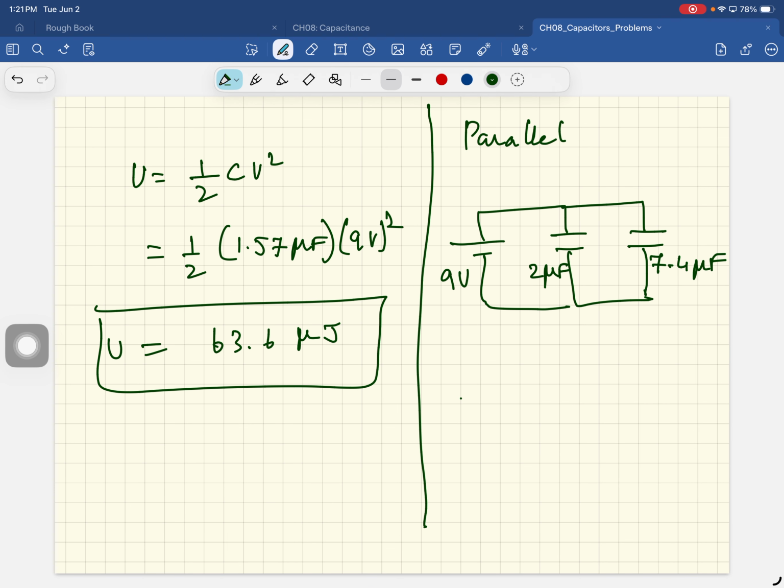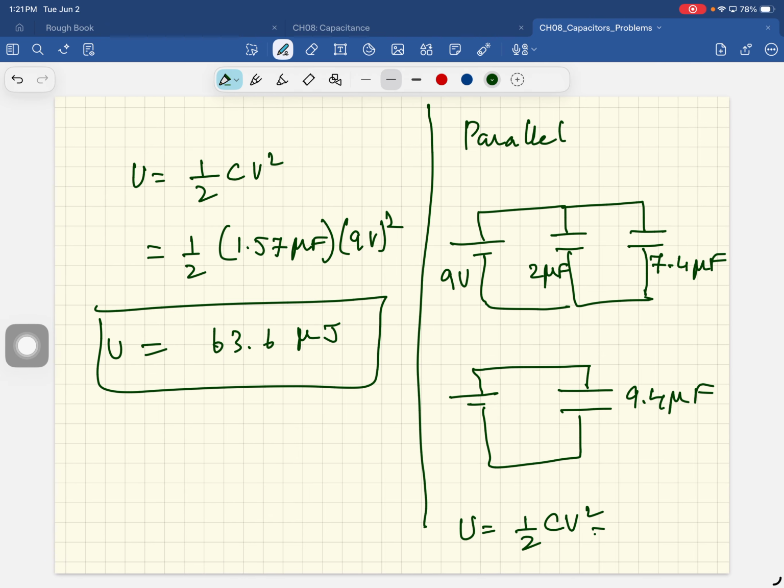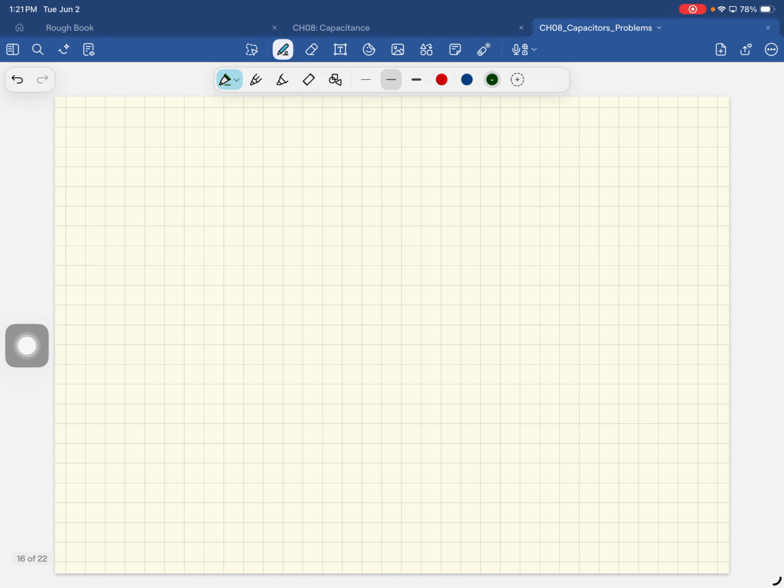So here's what happened. Here was the parallel plate capacitor. You charged it to 3 volts, and then you inserted the dielectric.